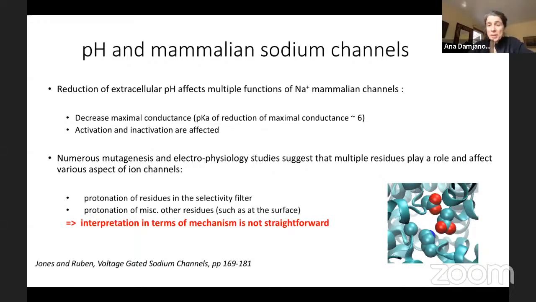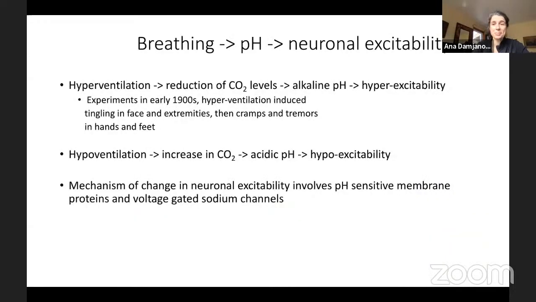So a lot of experiments have been performed, and they indicate that multiple residues play a role. So the important ones are protonation of residues in the selectivity filter and protonation of other miscellaneous residues. However, the interpretation of these experiments, in terms of mechanism, is not straightforward.